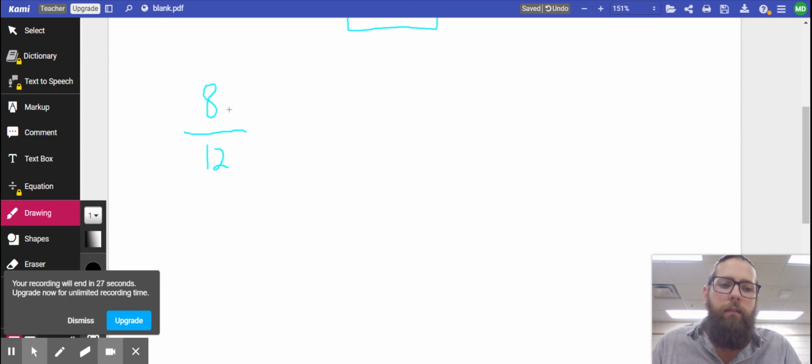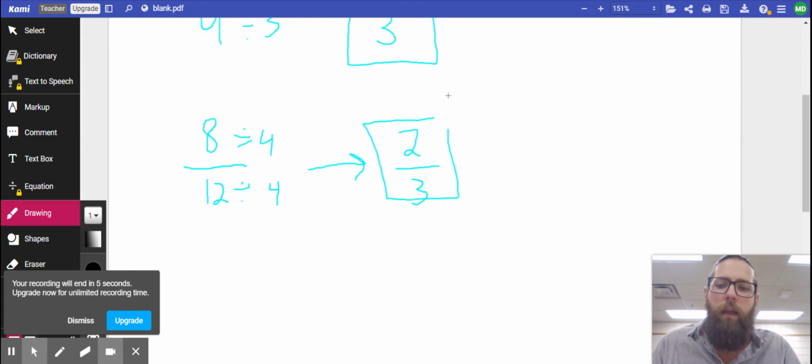But you want to find the biggest number you can divide them both by. So I can actually divide them both by 4, because 4 is larger than 2. 8 divided by 4 is 2, and 12 divided by 4 is 3. So it looks like this one is actually the same as that one.